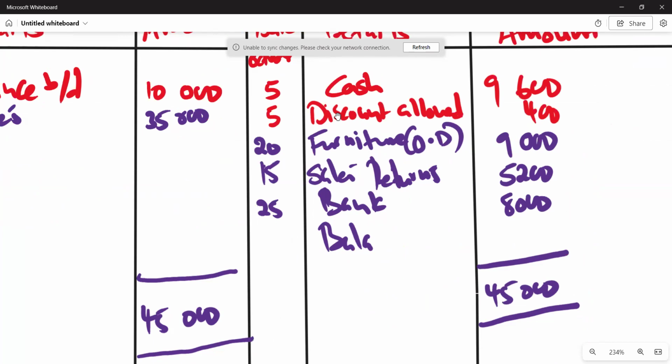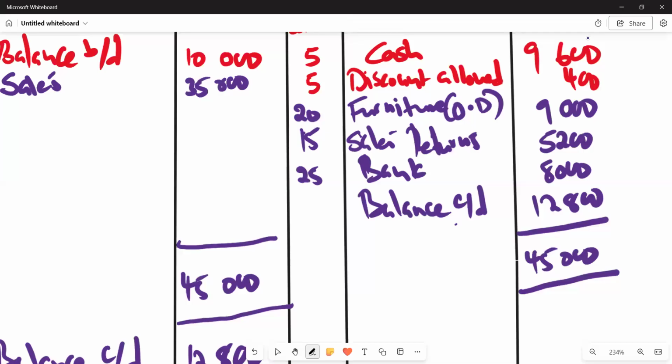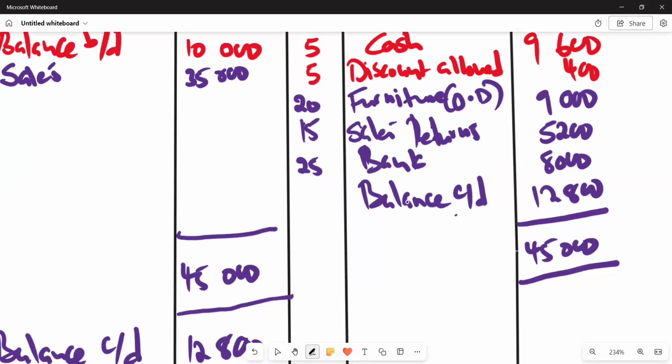So our balance CD is on the credit side, and we are entering 12,800. Our balance CD is 12,800 on the credit side.